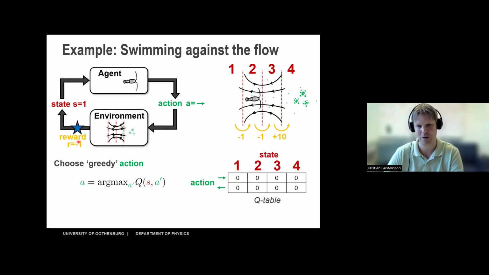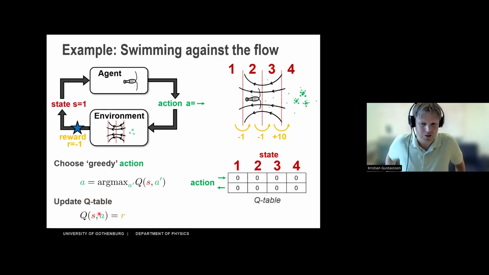We got a reward of -1 while moving from state 1 to state 2 by going to the right. So then we update the Q table using this new information. We put Q at the old state, equal to 1, and taking the action right, so that's here, and set it to the current reward, which was -1.